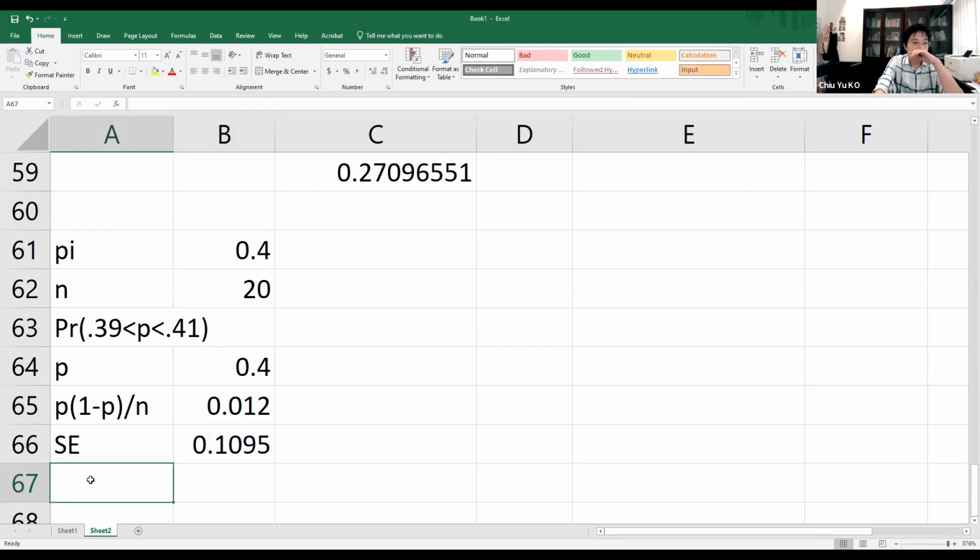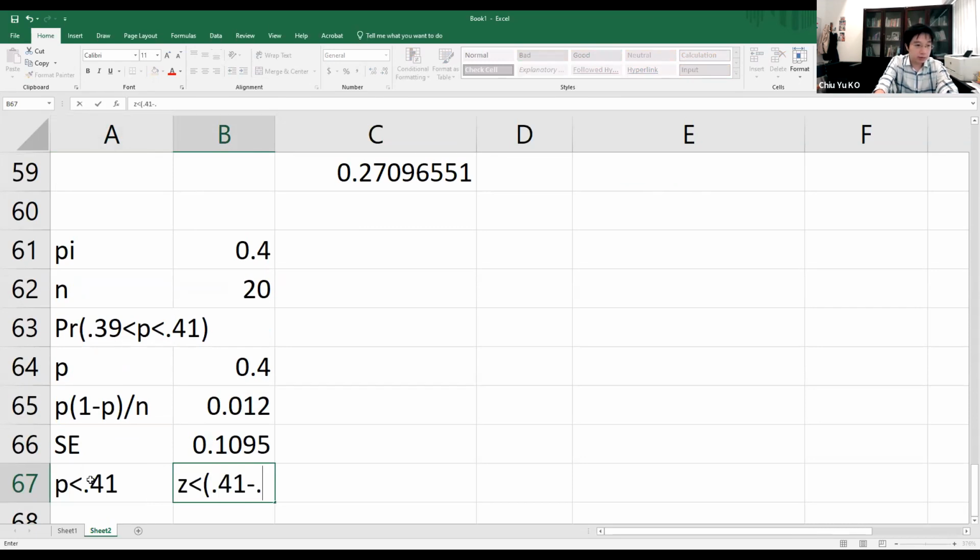So we want the probability that P is less than 0.41, right? So what you do is say Z is less than 0.41 minus 0.4, divided by 0.1095.